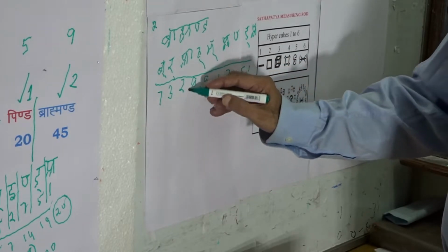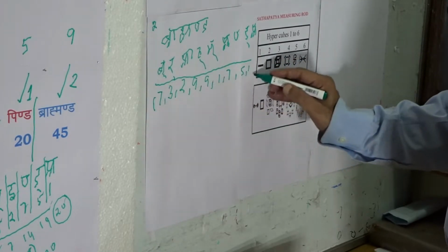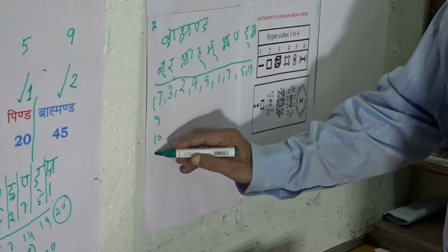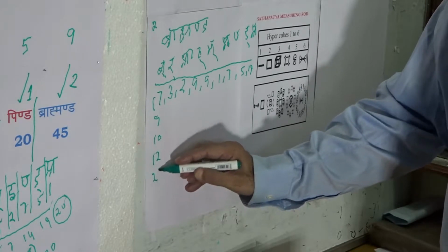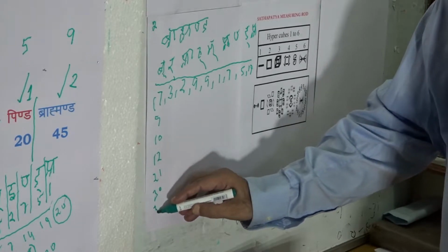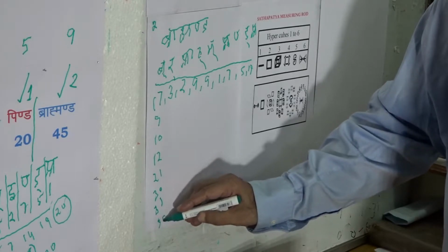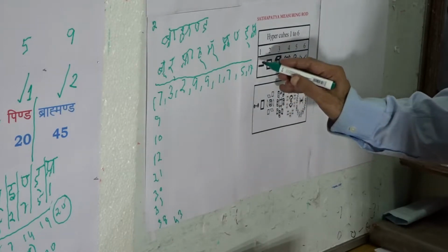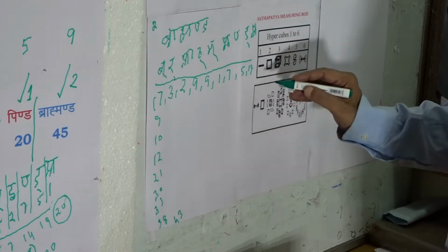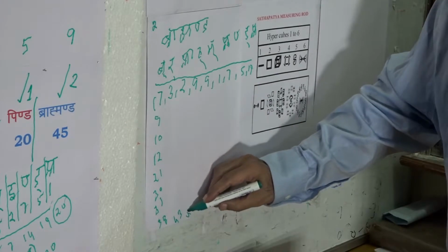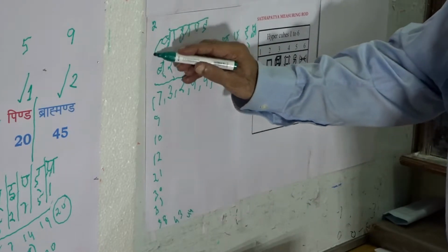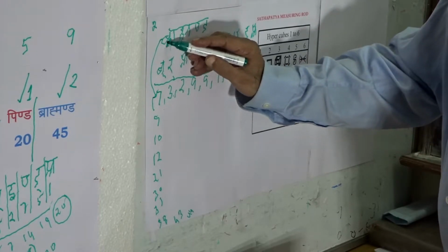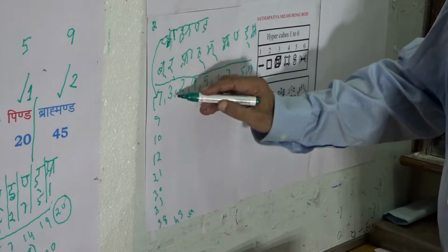This array of 9 values leads to summation values 7, 10, 12, 21, 30, 31, 38, 43 and 44. Let us revisit. 7, then there is 3 and then 2.